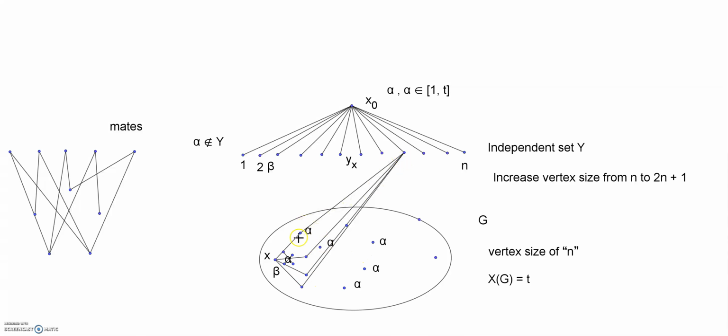If we do this again, we see, okay, this has to be alpha, this has to be alpha, this has to have a color of alpha, and this vertex in the neighborhood of X has to have a color alpha.